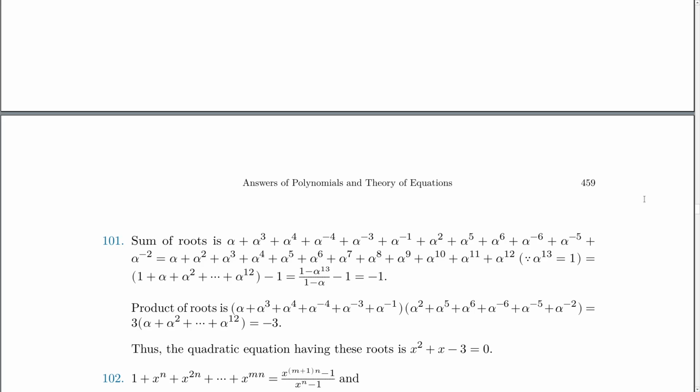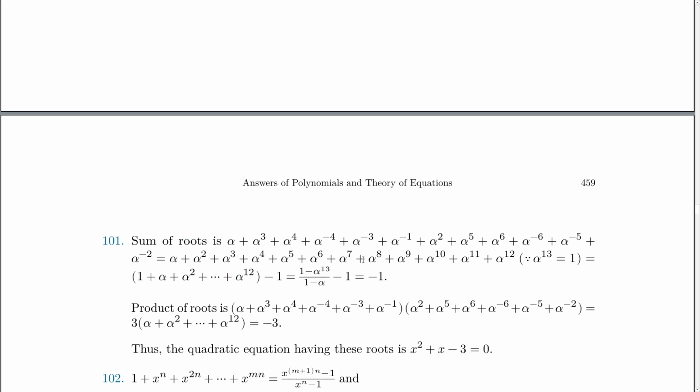Then we remove the negative powers, that is, we multiply with alpha to the power 6, because this is our highest power. So the sum becomes alpha plus alpha square plus alpha cube and so on up to alpha to the power 12. And the sum of this would be alpha times (1 minus alpha to the power 13) by (1 minus alpha).